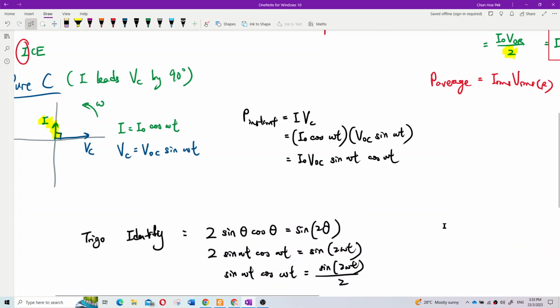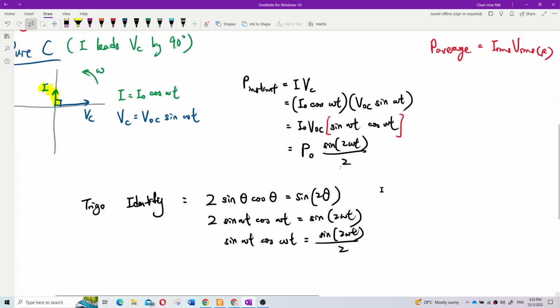So this is I naught, V naught. In fact, I can say this is P naught. And then this whole thing is what? Sine 2 omega t over 2. Understand?